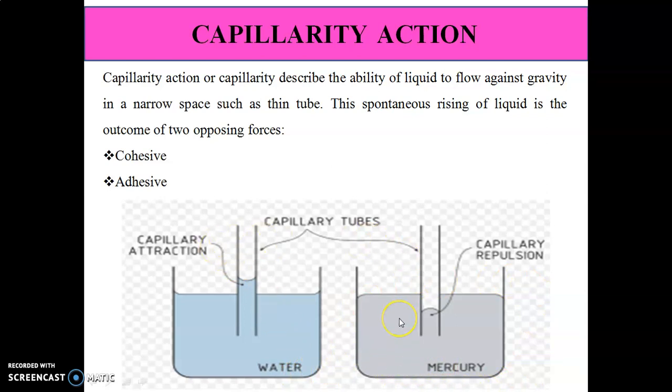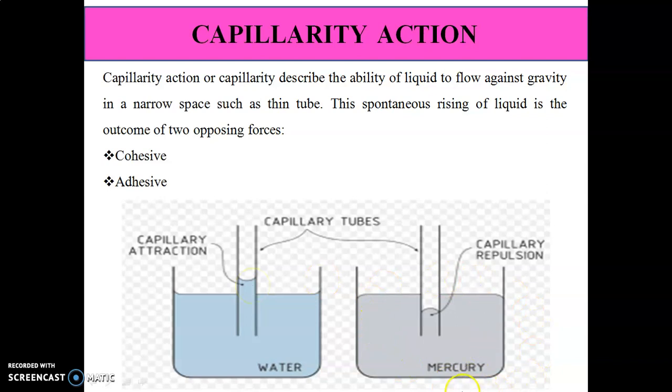In both beakers, a capillary tube is dipped. When you see the curves, the first is a concave type and the second is a convex type. In the first, the water-containing beaker, you can see the concave curve in the capillary tube because the adhesion force is greater than the cohesion.